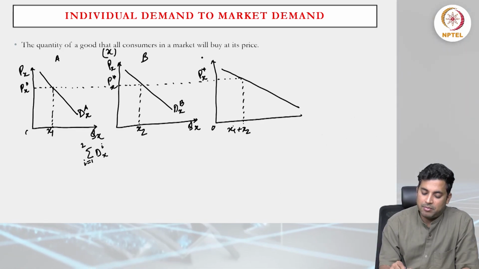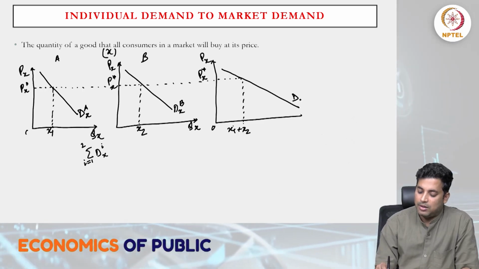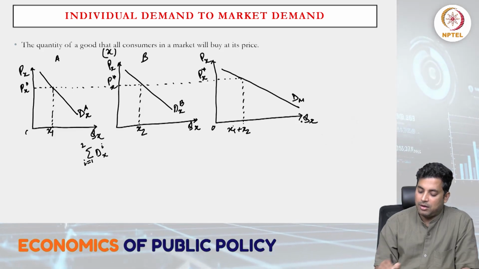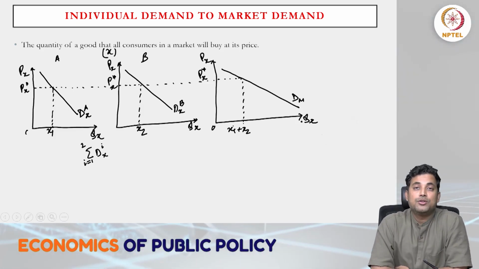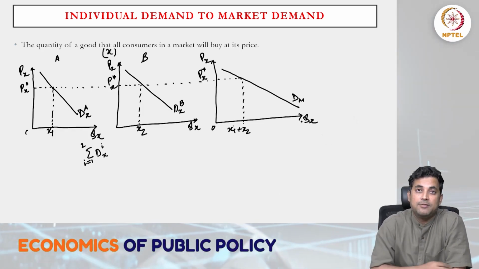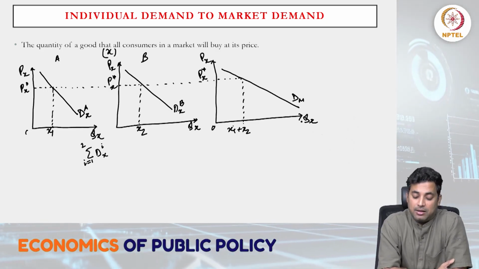So this is the market price, and this is the total demand function, like the market demand curve of commodity X. So this is how we can derive the market demand curve from the individual demand curves.